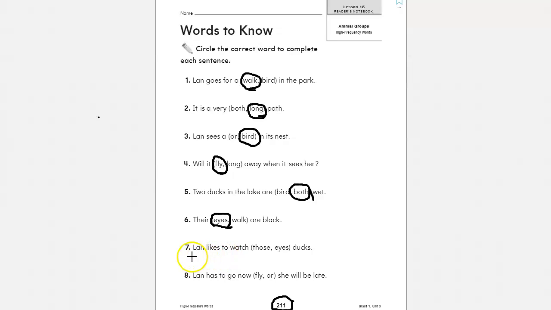And on number 7, Lan likes to watch those ducks. Lan likes to watch those ducks. And our last one, number 8. Lan has to go now, or she will be late.